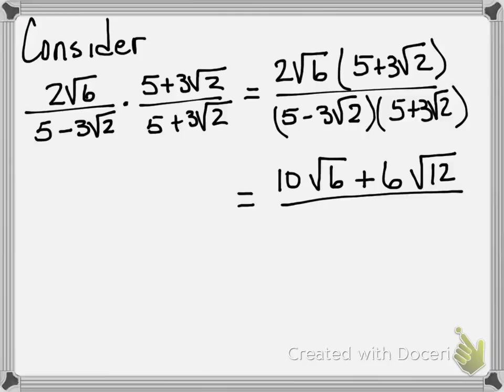You should end up with 5 squared, which is 25, excuse me. You should end up with 25 minus 9 times 2. That's what you will end up with.